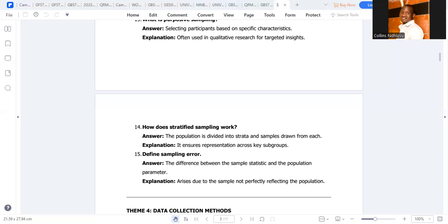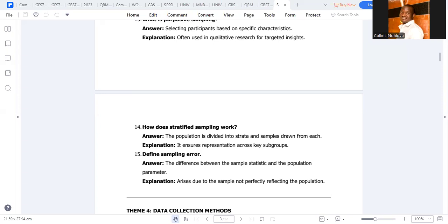Our results being inaccurate from the larger population. So it comes about because of different types of biases. What we call selection bias. Selection bias comes about when individuals or groups have a higher or lower chance of being selected. So this can lead to them being unrepresentative. So it happens when the sampling method is flawed. All right. So that is called selection bias.